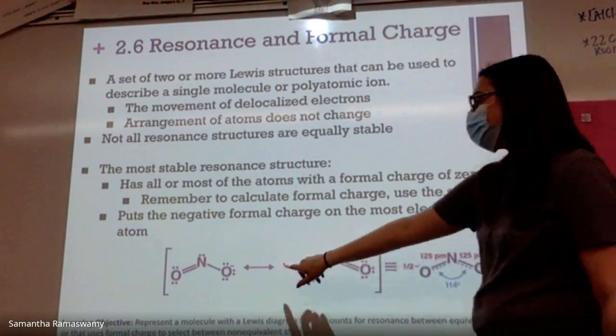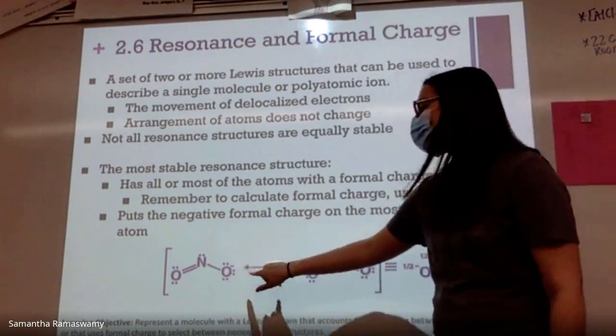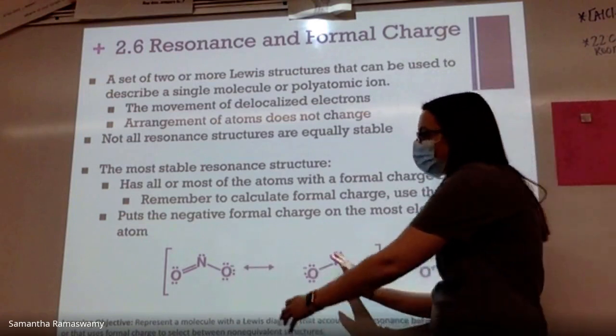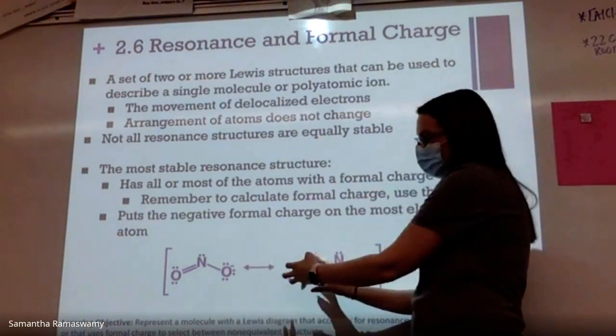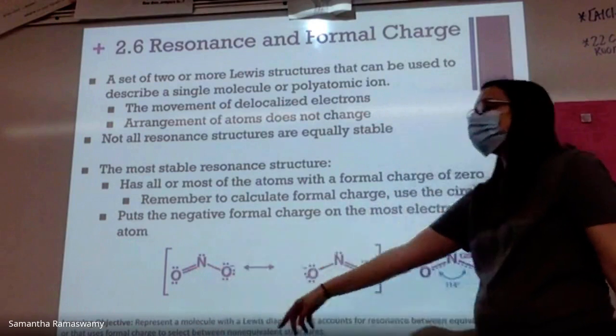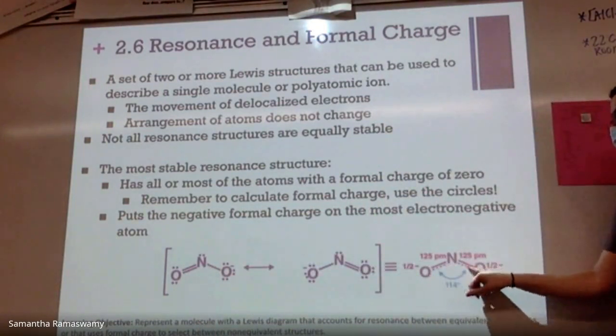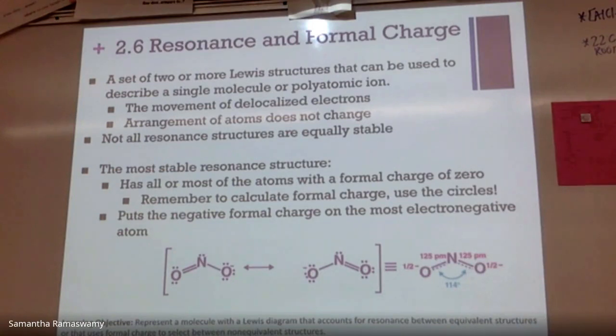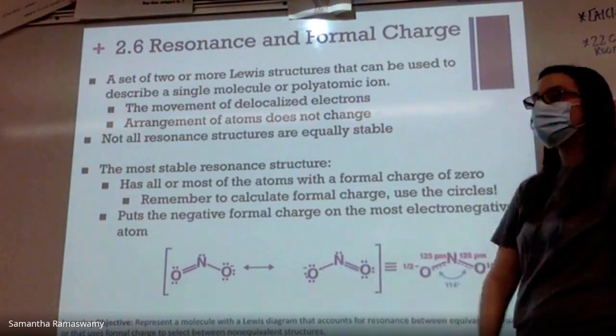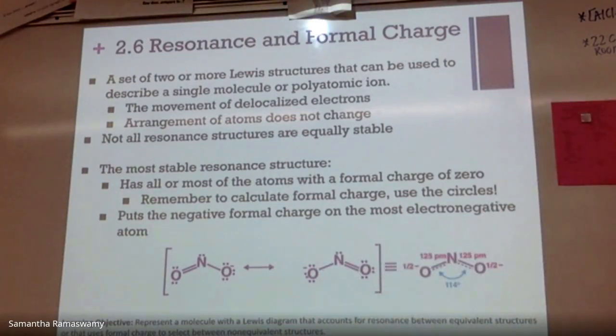In reality, it's a blend of these 2. We don't have one bond that is longer than the other. These actually both have the same bond lengths. We would say this is a bond order of 1.5, because you have 3 bonds between 2 locations. So with resonance structures, we see the same bond length because it's actually a blend of the 2.